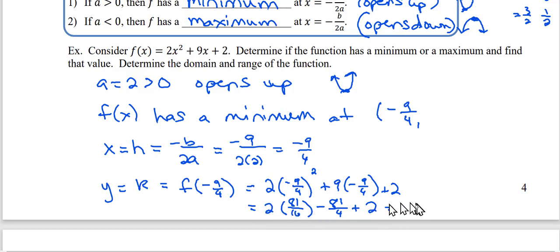I'm going to simplify the 2 and the 16 to give me 81 over 8, minus 81 over 4, plus I'm going to write that with denominator 8. So we have 16 over 8. Multiply this by 2, I would get 162 over 8. So when I subtract that, I get negative 81 plus 16, which would be negative 65 over 8.